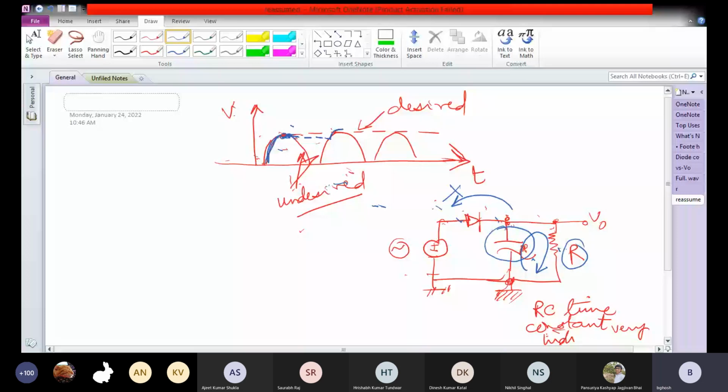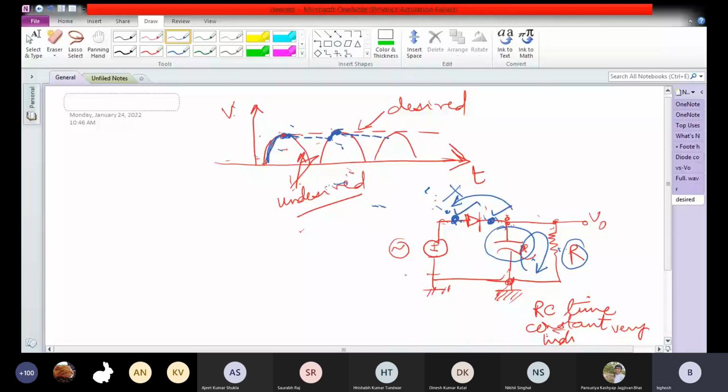Again, when the capacitor voltage falls, and when the diode voltage here becomes greater than the capacitor voltage there, again the diode will conduct. And when the diode conducts, again the capacitor will charge. So when the diode conducts, the capacitor charges up to here. The moment the voltage starts to fall, the capacitor again discharges with its RC time constant here.